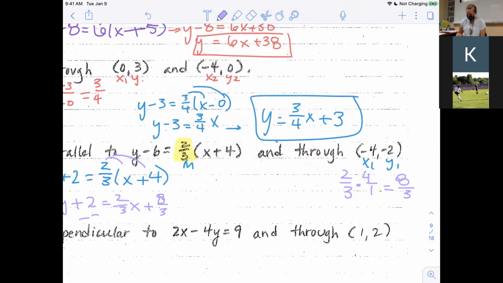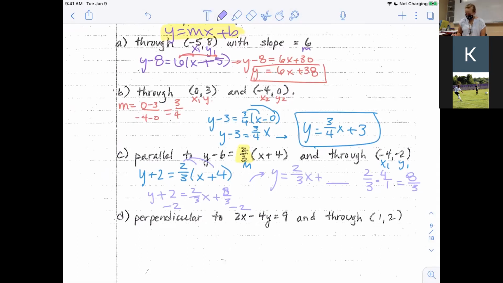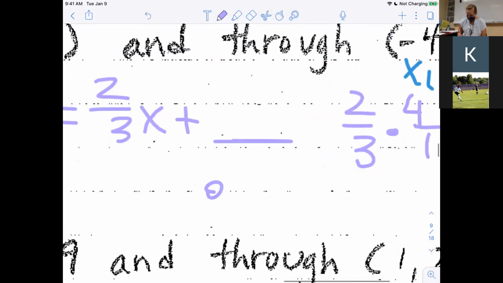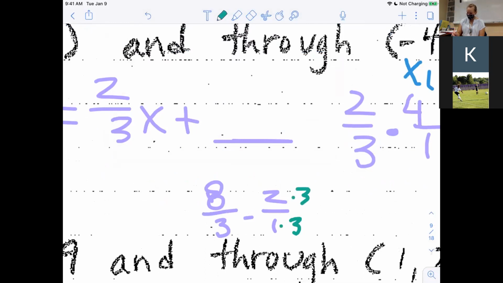And then I have to minus 2. Yuck, more fractions. Y equals 2/3 x plus, and let's figure out what goes there. So I know I have 8/3. In order to do 8/3 minus 2, I need to make 2 a fraction with a common denominator. What should my denominator be? It can just be 3. So think of this as 2/1. In order to get 3, I'm going to multiply by 3 on top and bottom.